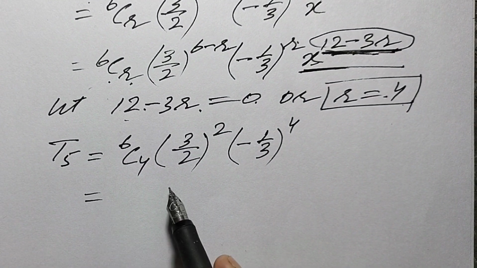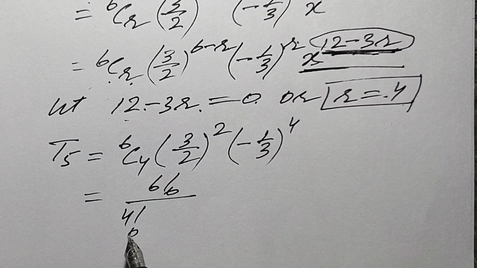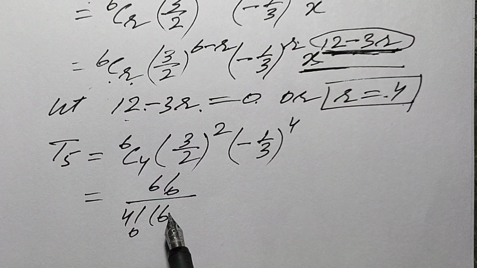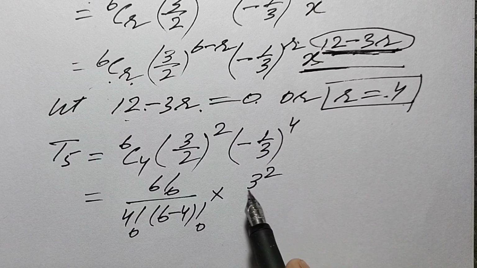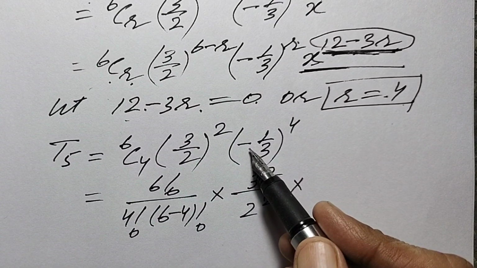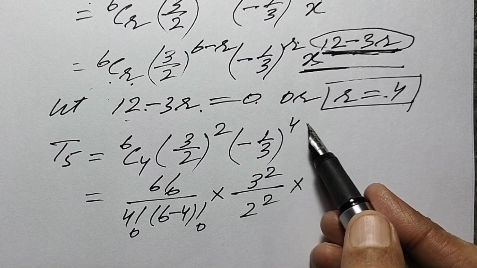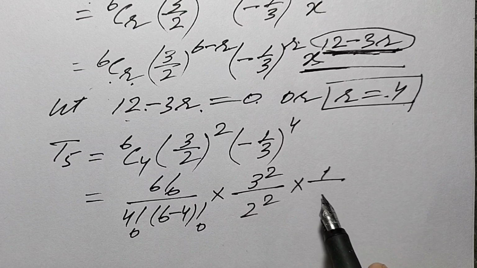Now simplifying this, we have factorial 6 upon factorial 4 into factorial 6 minus 4 multiplied by 3 square upon 2 square multiplied by, since the exponent of minus 1 is even, it becomes plus, 1 upon 3 raised to the power 4.